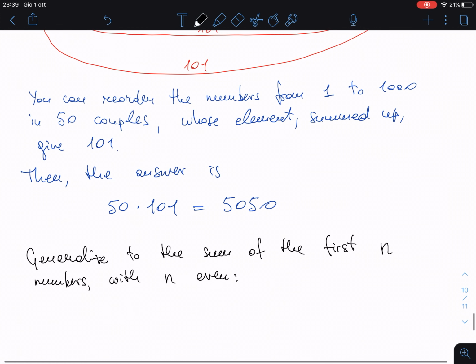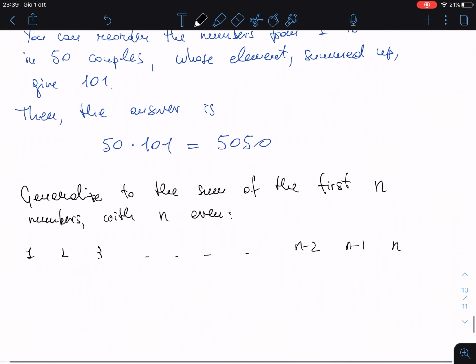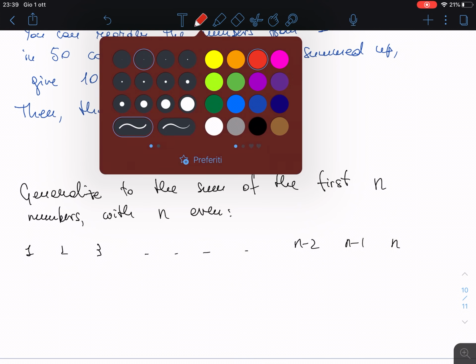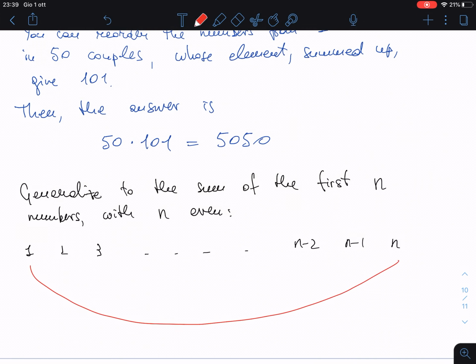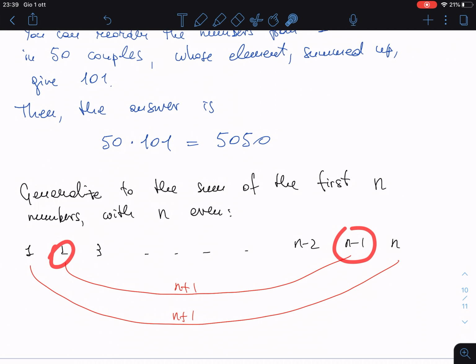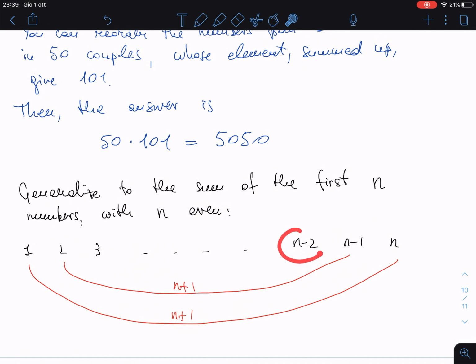So you can do like Gauss: 1, 2, 3, and then many dots, n minus 2, n minus 1, n. And again, you collect in couples, n plus 1, with the first and the last, and the second last, n plus 1, because it is n minus 1 plus 2. Then you have n minus 2 plus 3, and so you have n plus 1.